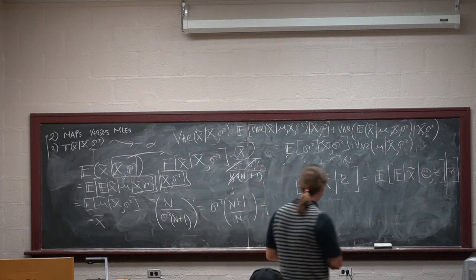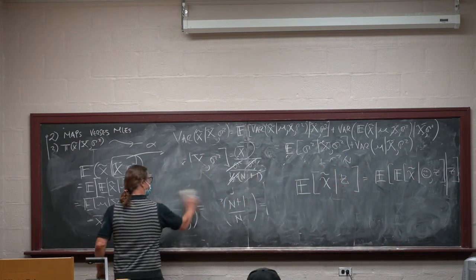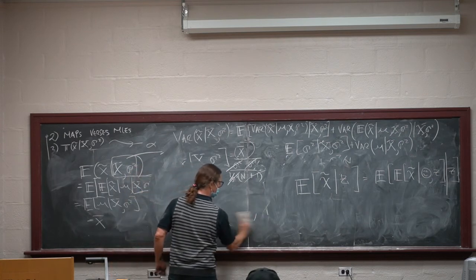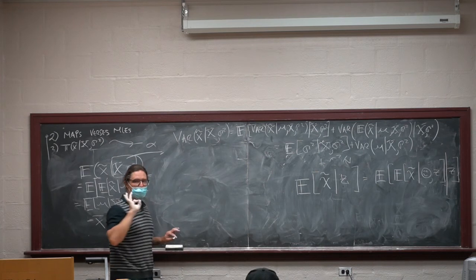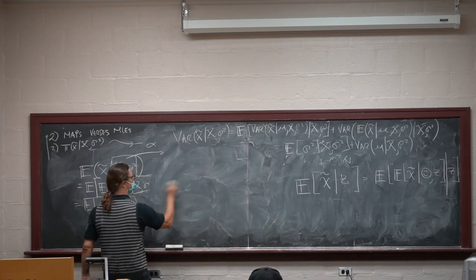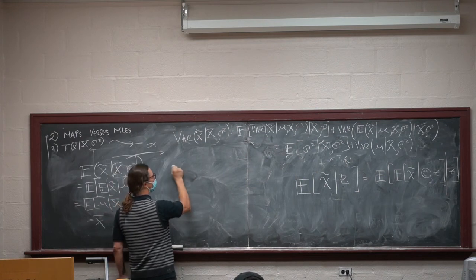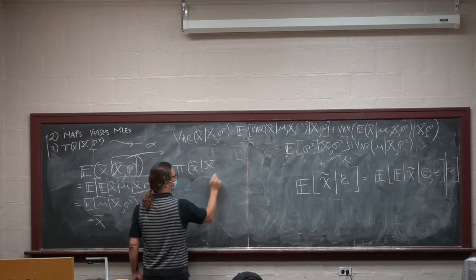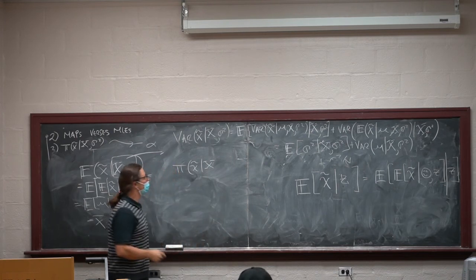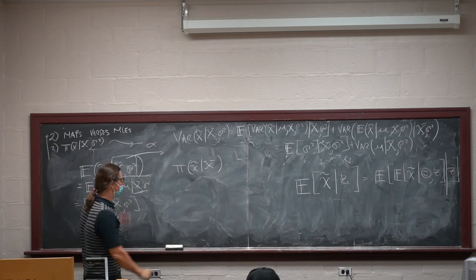So just as a quick follow-up, Stephen had asked me this earlier. So this was a good question. Thank you, Stephen, if you're listening. We oftentimes want something like this right here, this posterior distribution.